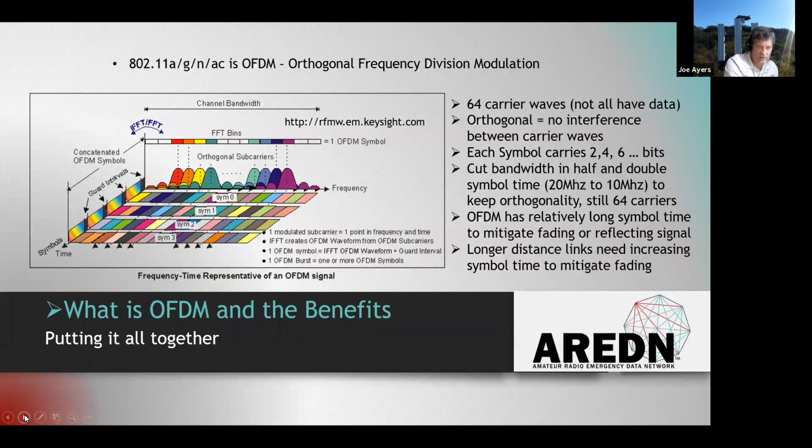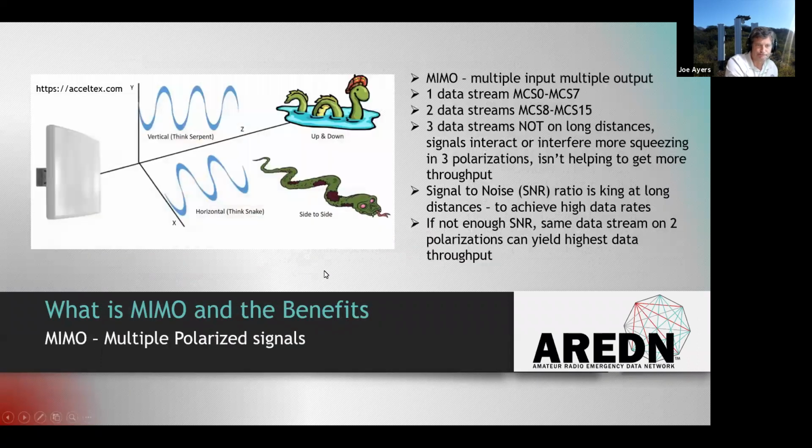Okay, so that puts it all together for 64 carrier waves, with various states of the carrier wave to communicate several different bits: 2, 4, 6. And we move to MIMO, which gives us the ability to send these signals across 2 polarizations.